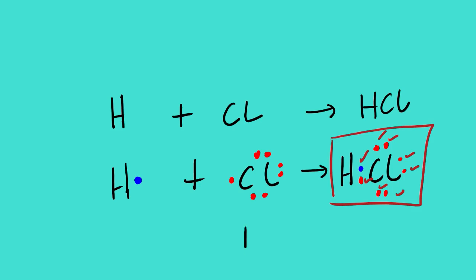Sometimes it is represented like this. It will have those 6 electrons, and then the bonding is represented by using this stroke.